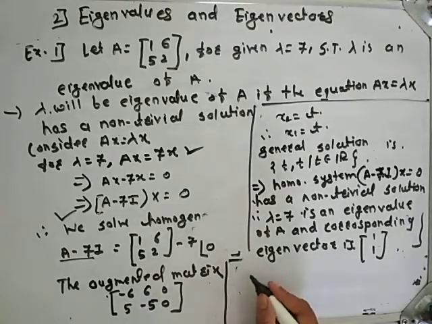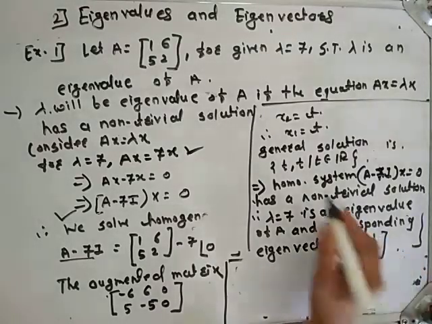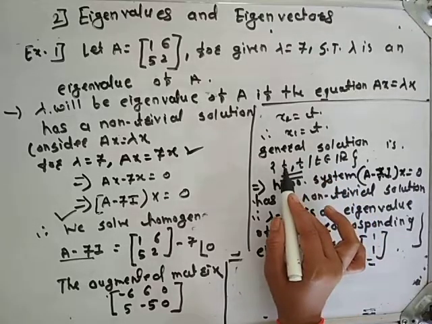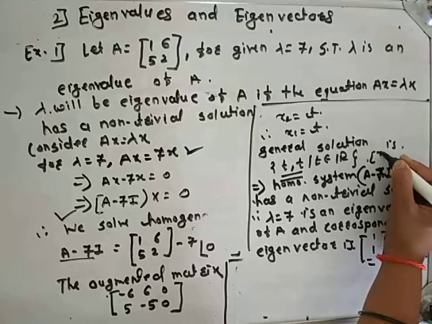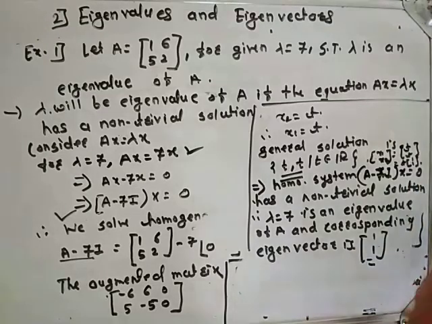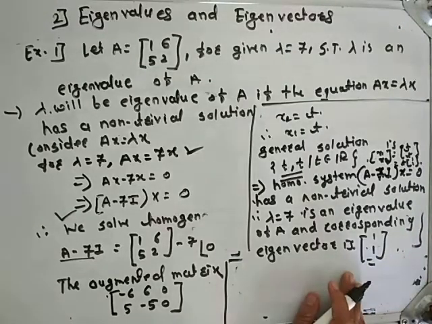Okay. Why is this (1, 1)? See here, because the solution matrix x1 x2 can be written as t times the matrix 1 1. Take t common, so what remains is the vector (1, 1). So this vector is an eigenvector.